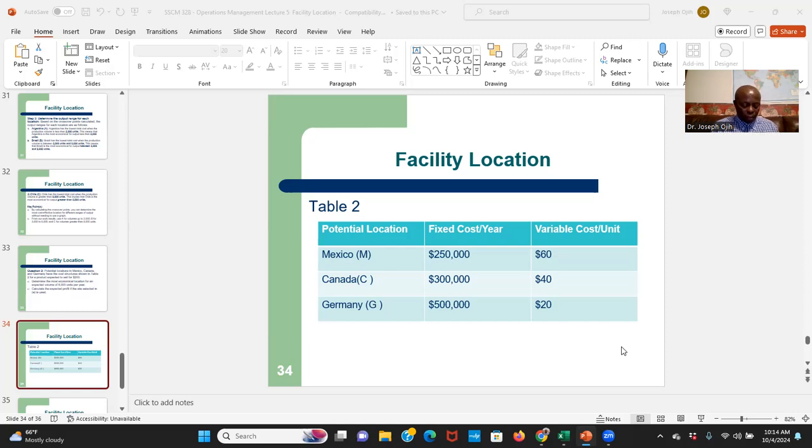So I got 250,000 for Mexico, 300,000 for Canada, and then 500,000 for Germany. Variable cost per unit, I have $60 per unit for Mexico, $40 per unit for Canada, and $20 per unit for Germany.